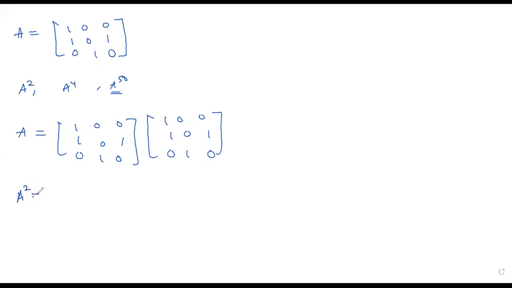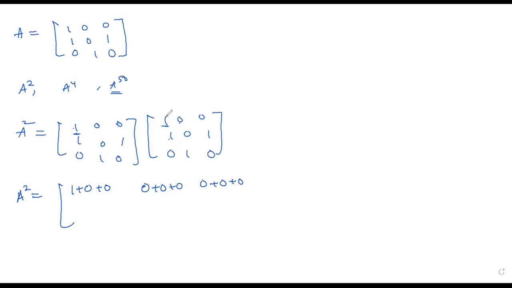A square is equal to, here 1 into 1 1, 0 into 1 0, 0 into 0 0. Next, first row and second column, the 1 2 element: 1 into 0 0, 0 into 0 0, and 0 into 1 0. Next, first row and third column, the 1 3 element: 1 into 0 0, 0 into 1 0, 0 into 0 0.